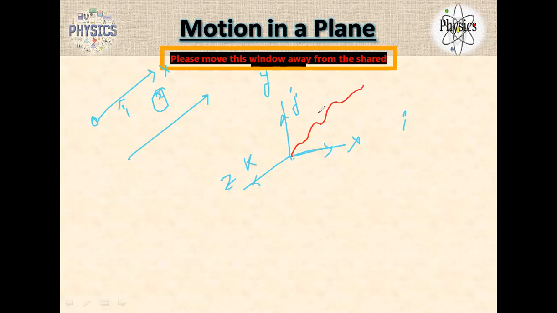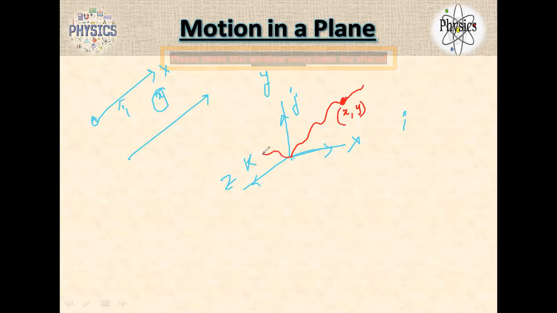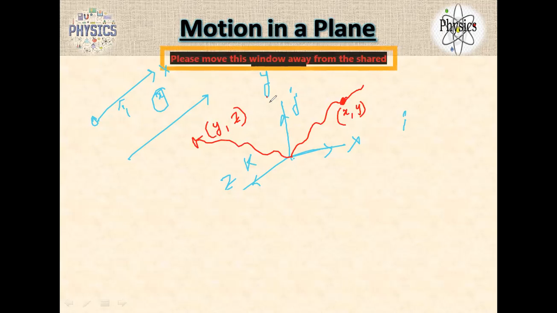If I would like to describe the motion of this object, how many coordinates do I need? Definitely I need x comma y. If the object is moving in this direction, I definitely need y comma z, right? Because it's a plane of y and z, right?